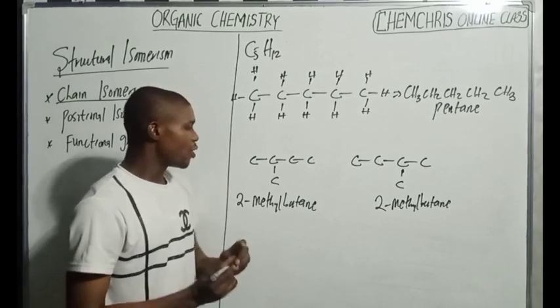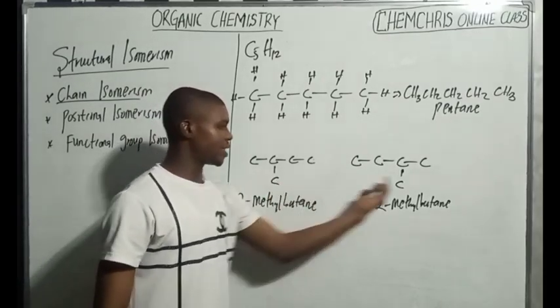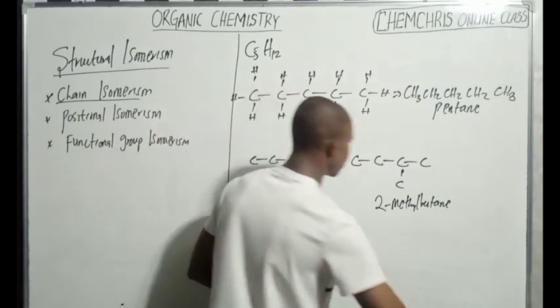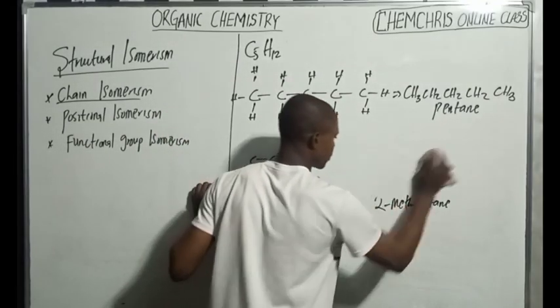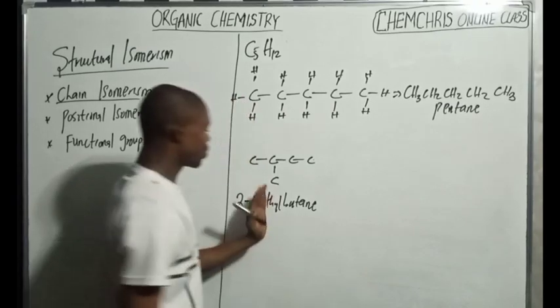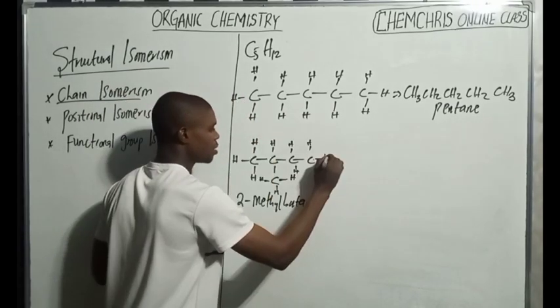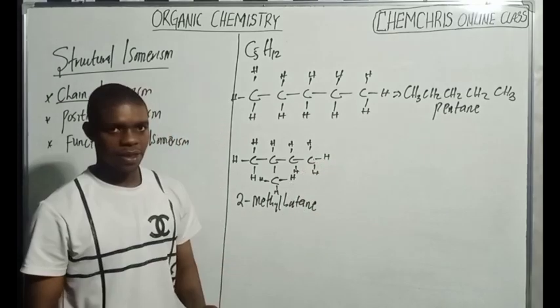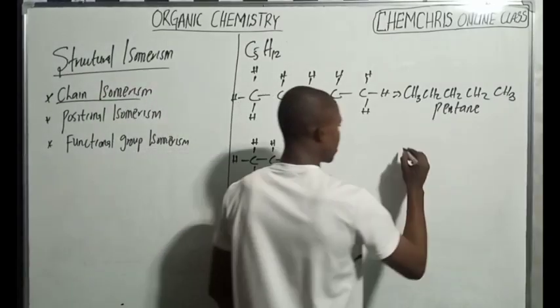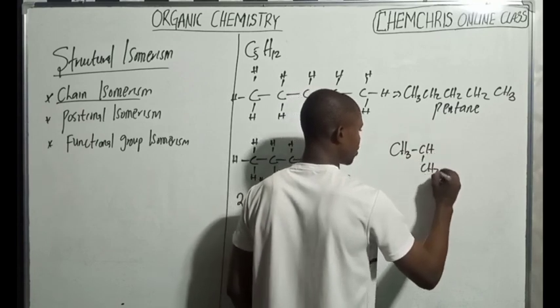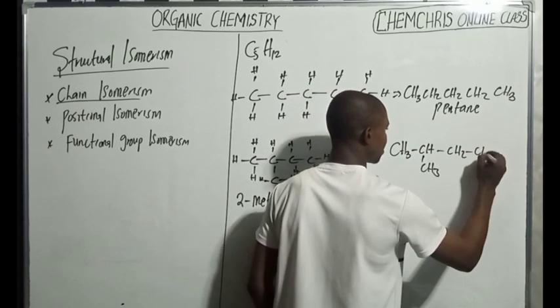In the sense that if you place it here or you place it here, they are going to have the same structure. So you cannot place your number value 1, 10, 11, 12. Can you see that? So we have CH3, CH3, CH2, CH3.